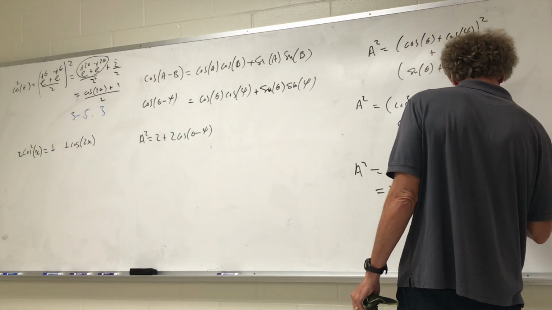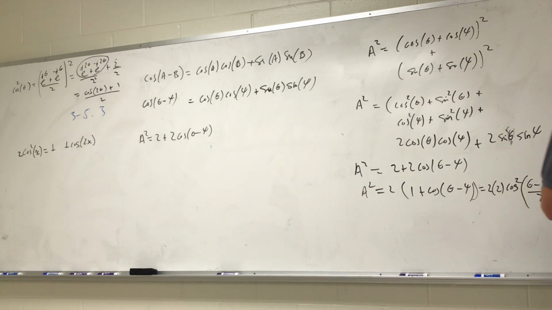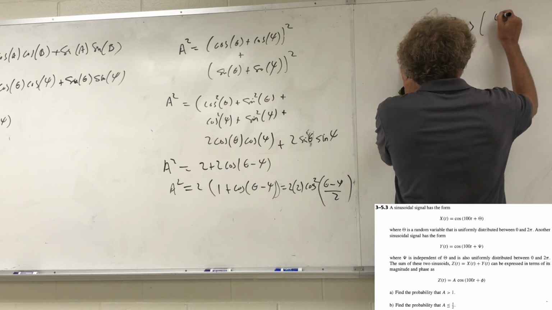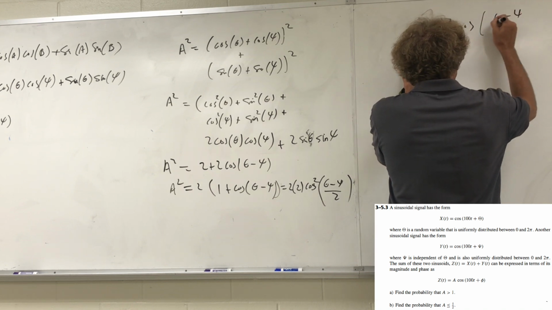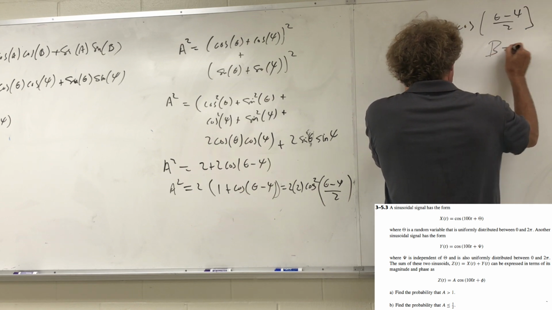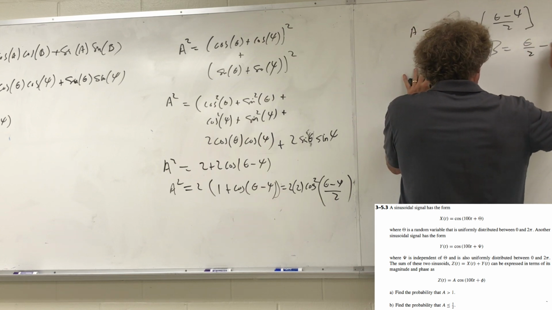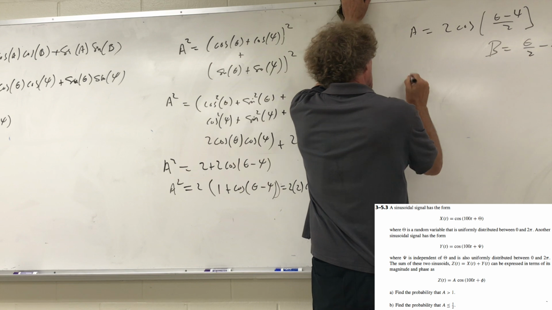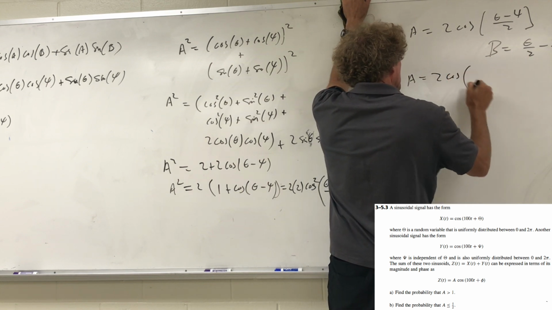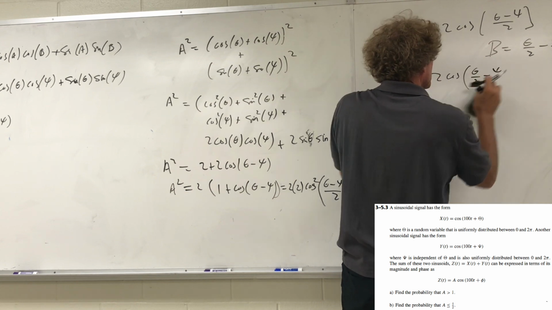So that is A squared. Y'all follow? Obviously I get A equal to 2 cosine of theta minus psi, or psi minus theta, over 2. And here he uses the symbol beta is equal to theta over 2 minus psi over 2. So he says A is equal to 2 times cosine of beta, just beta.